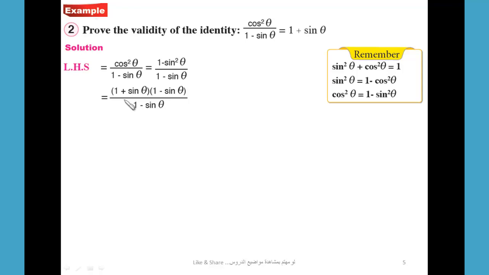So it will be 1 plus sine theta multiply 1 minus sine theta over 1 minus sine theta. Then 1 minus sine theta over 1 minus sine theta equals 1. 1 multiply 1 plus sine theta equals 1 plus sine theta, which equals the right hand side. This is an identity.